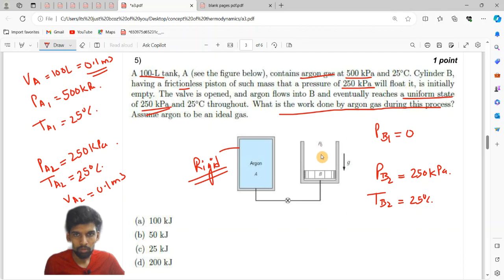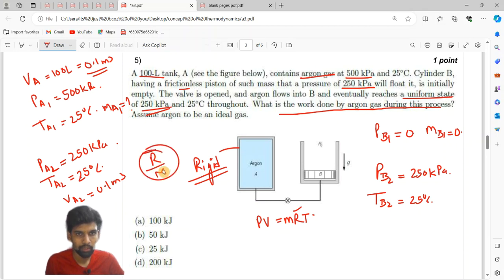Now, initially the mass at state 1 for tank B is 0, and the mass at state 1 for tank A we need to calculate. Assuming argon is an ideal gas, we can write the ideal gas equation as PV equal to mRT, where R is the characteristic gas constant, which is the universal gas constant divided by molecular mass.